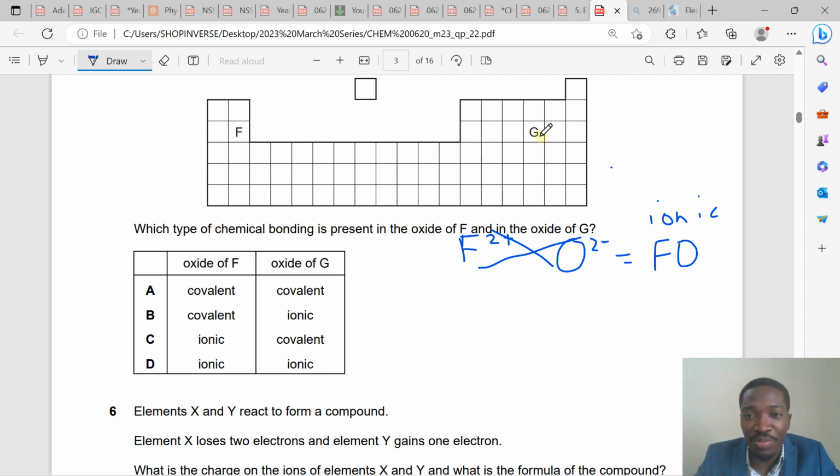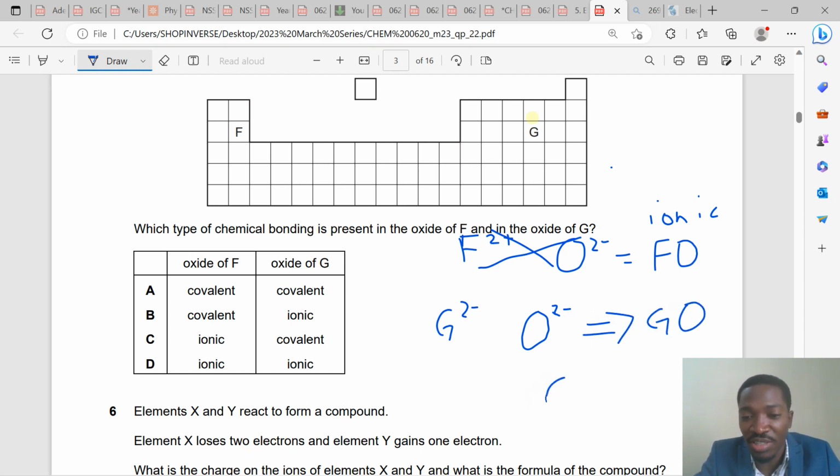Now look at G. Sorry, G is in group 6 of the periodic table, and elements in group 6 have an oxidation number of −2. So we have G2−, which reacts with oxygen 2−. Oxides of non-metals are formed by covalent bonds, and this will form GO.